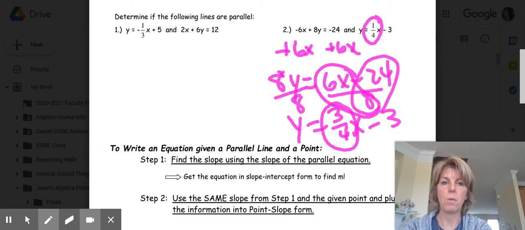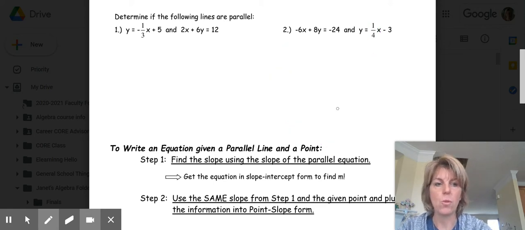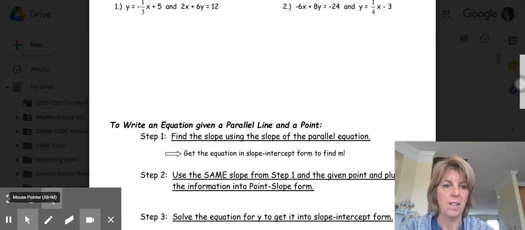So our slope is 3/4. Here it's 1/4, here it's 3/4. Those slopes are not the same, therefore these lines are not parallel to each other. So that's the first skill today, simply identifying by looking at the equations if lines are parallel or not.